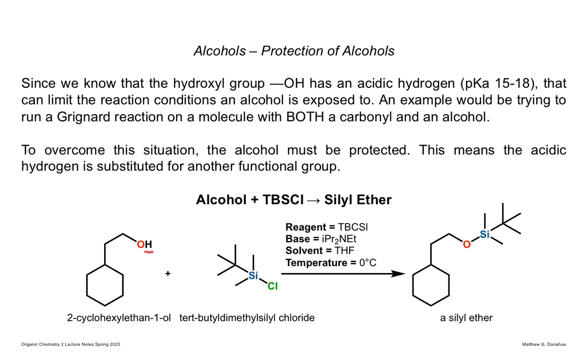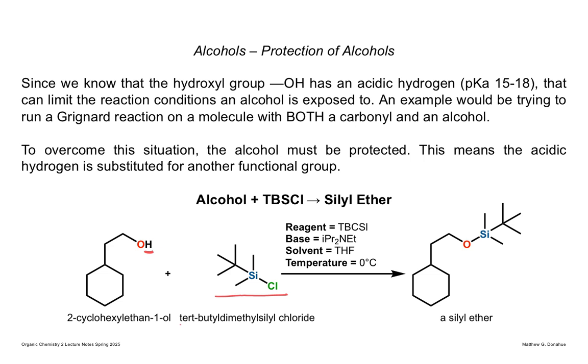You don't want it to form the negatively charged species, the alkoxide, and you don't want it to form the positively charged species, the oxonium. So you have to substitute that H for something else. This is called a protection. And the reagent that's used is shown here.